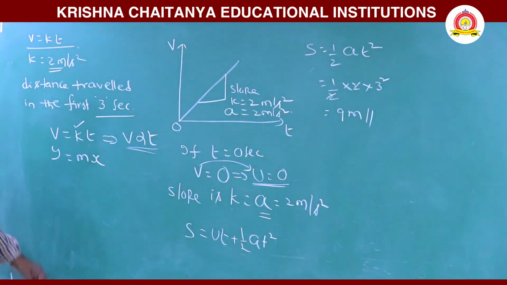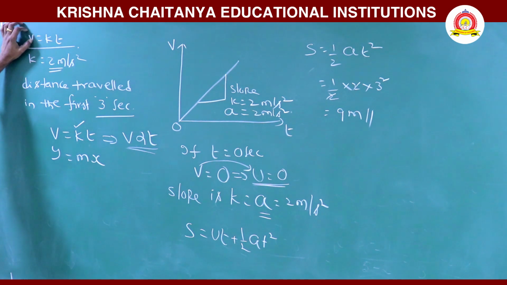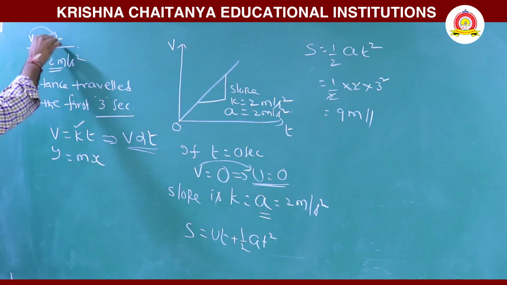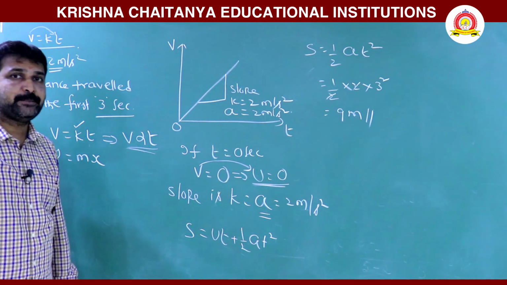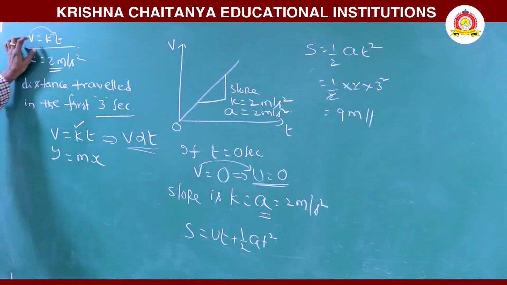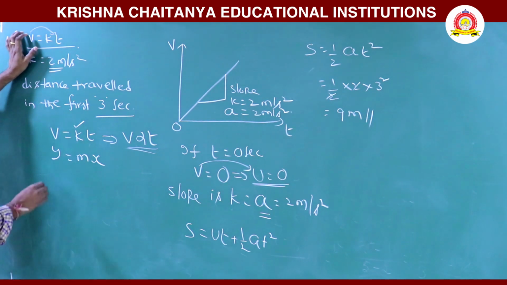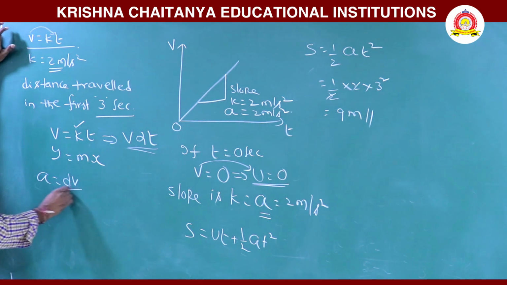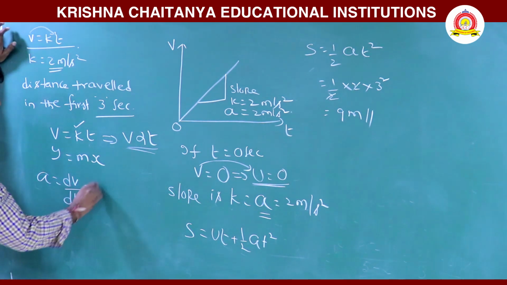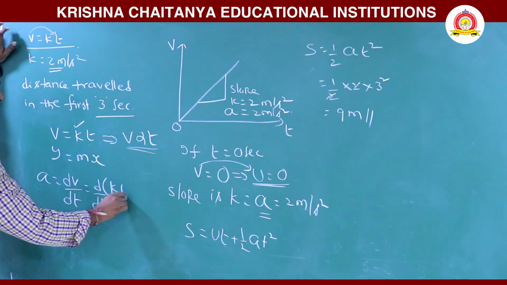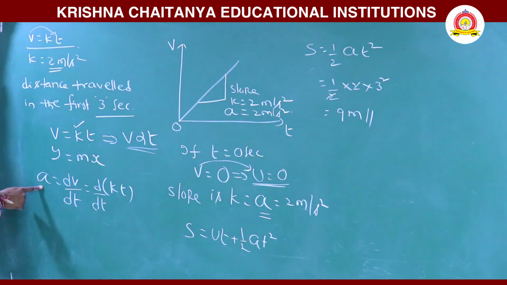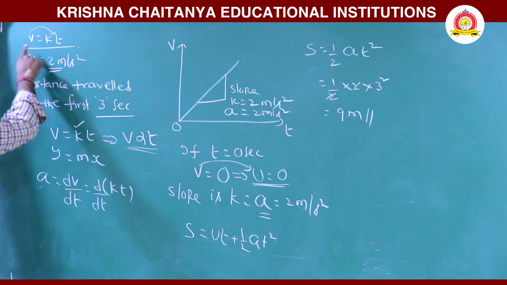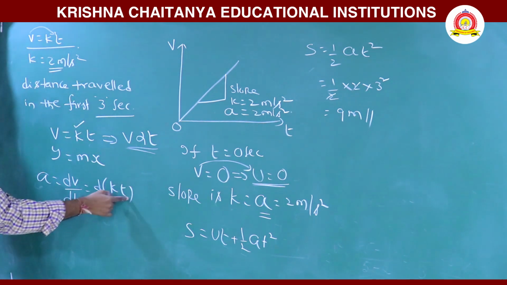So here, since this is in the form v is equal to kt, where v proportional to t means v depends on time, then according to our methods, when v depends on time, if we go for differentiation, acceleration is dv by dt, then d by dt of kt.